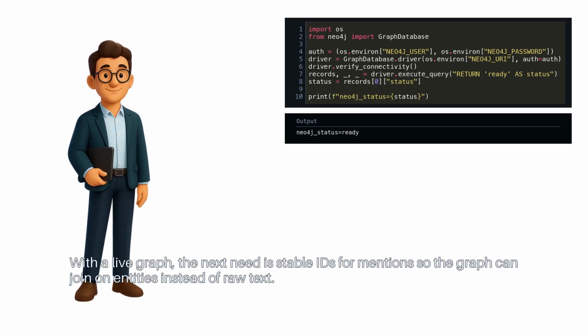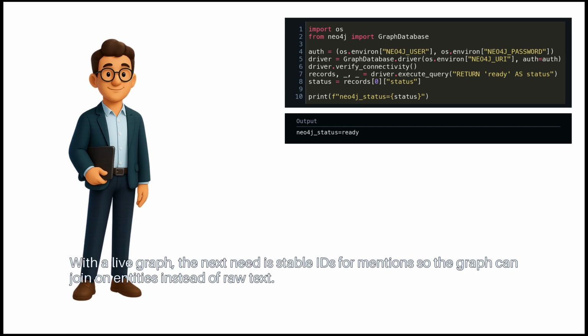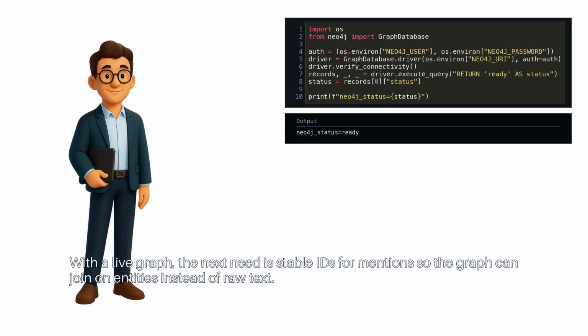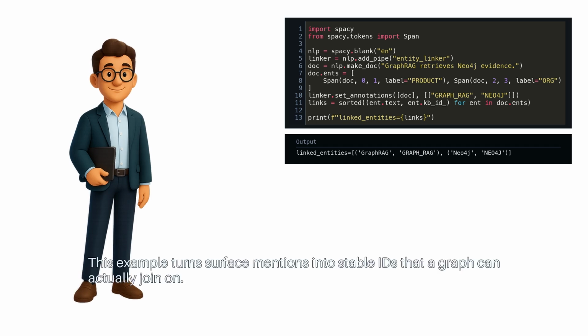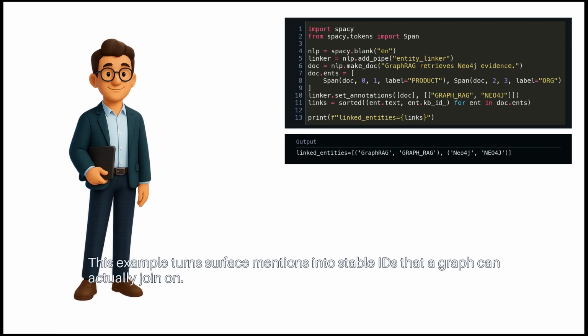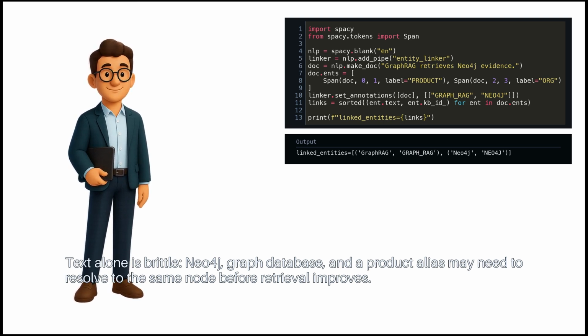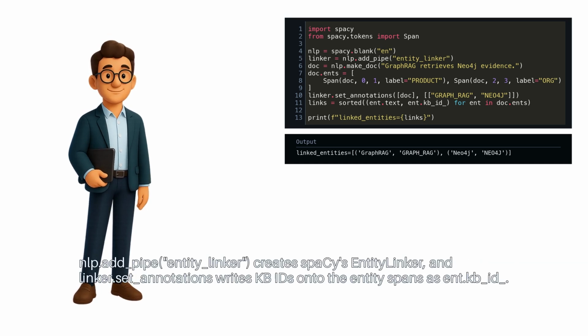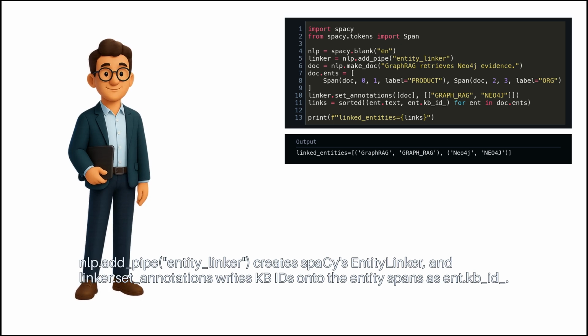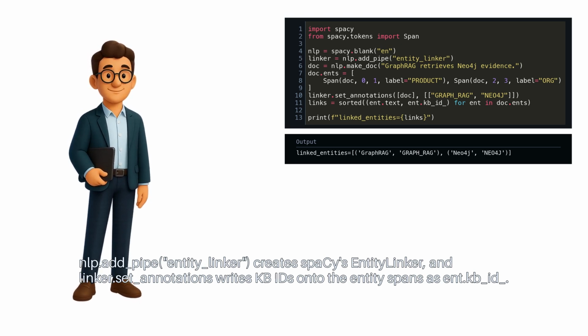With a live graph, the next need is stable IDs for mentions, so the graph can join on entities instead of raw text. This example turns surface mentions into stable IDs that a graph can actually join on. Text alone is brittle. Neo4j, graph database, and a product alias may need to resolve to the same node before retrieval improves. nlp.add_pipe EntityLinker creates spaCy's EntityLinker, and linker.set_annotations writes KB IDs onto the entity spans as ent.kb_id_.